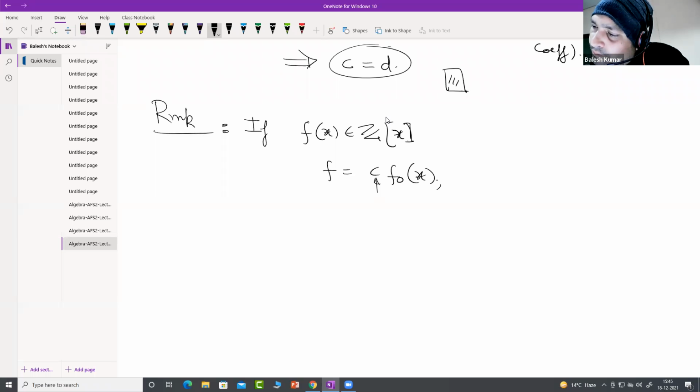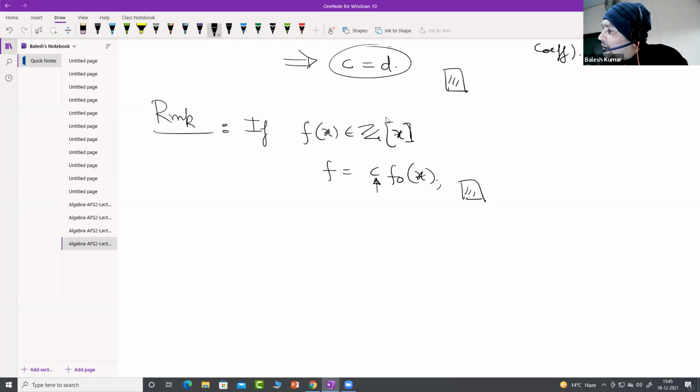So here C we will put plus or minus the GCD, depending upon the leading coefficient of f0. I think that is clear, and I will leave it to you to write down precisely what this C is, but it is like that.